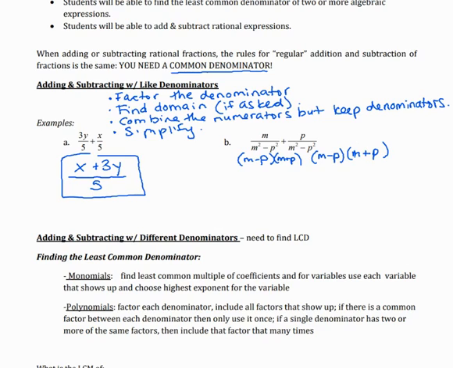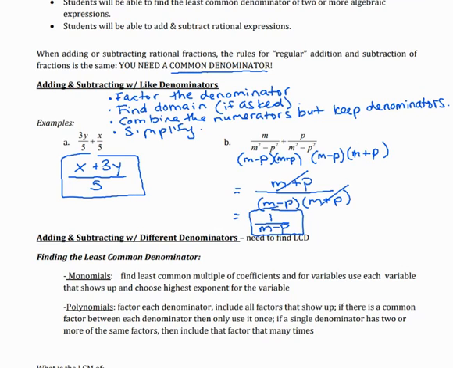We're not going to get into that. Now we simply combine our numerators. So my numerator is m plus p, and I keep my denominator, which was m minus p, m plus p. At this point, I can simplify. There's an m plus p up top and on the bottom. So my final answer is 1 over m minus p.